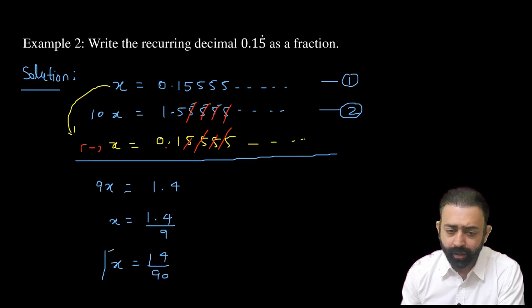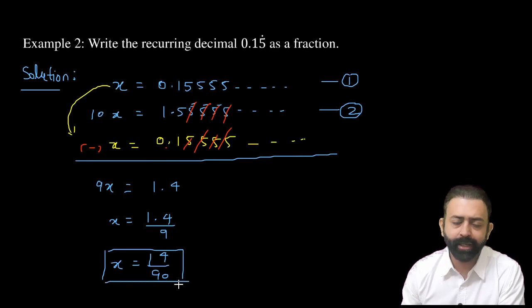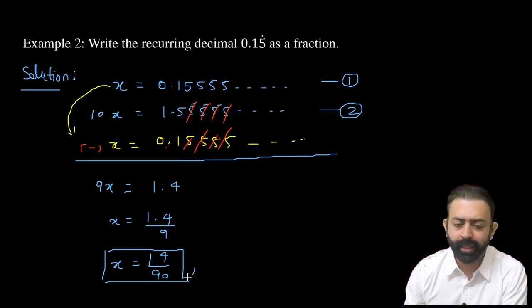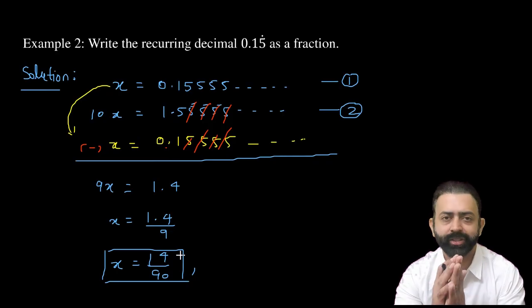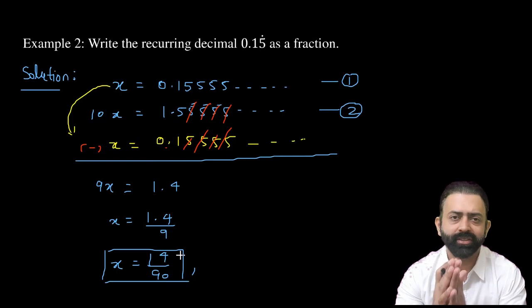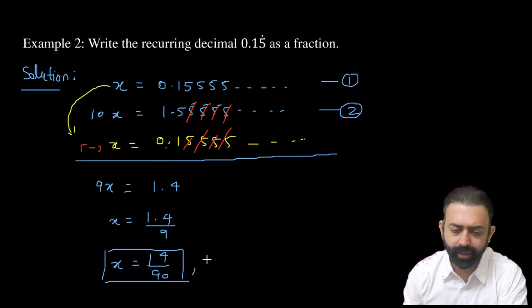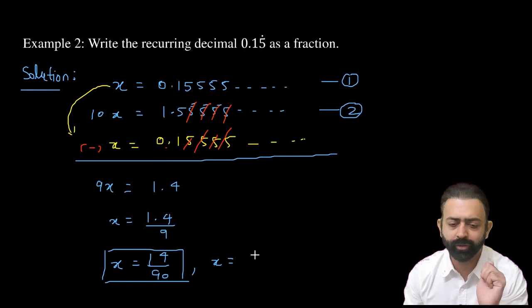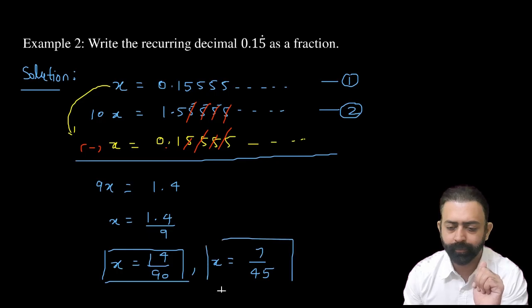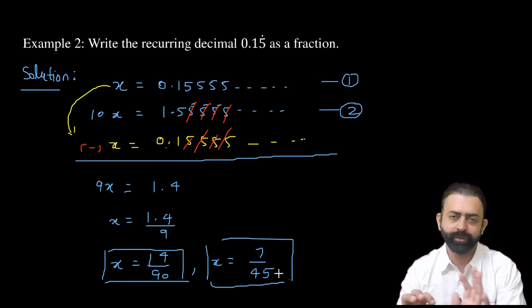You can leave your answer as 14 by 90 also, but I would recommend that whenever we are dealing with rational numbers or fractions, we should leave the fraction in simplest form. As you can see here, there is a common factor of 2 in numerator and denominator, so I can rewrite this x as 7 over 45. So this is your answer.